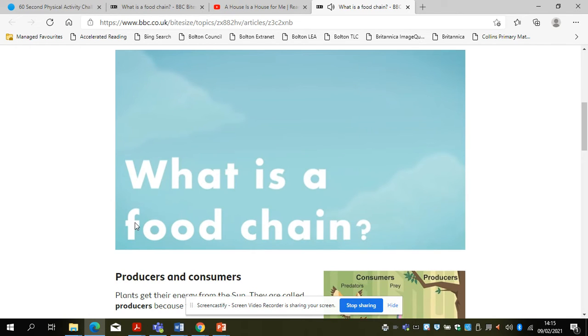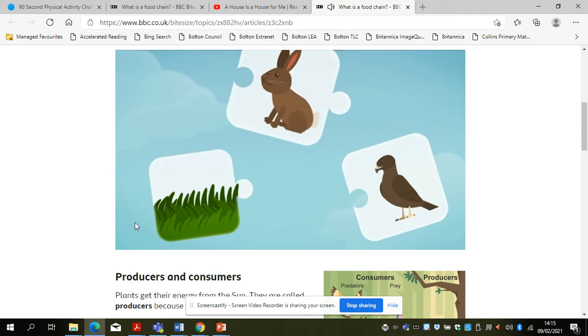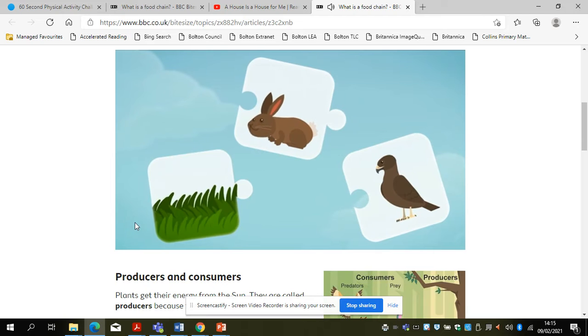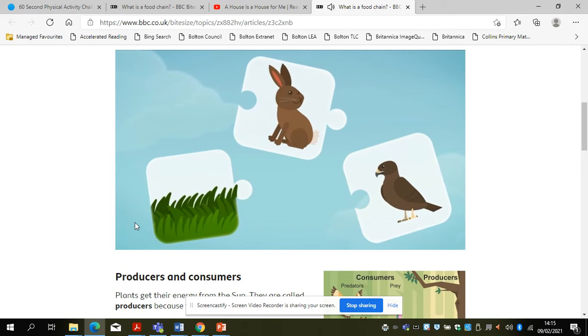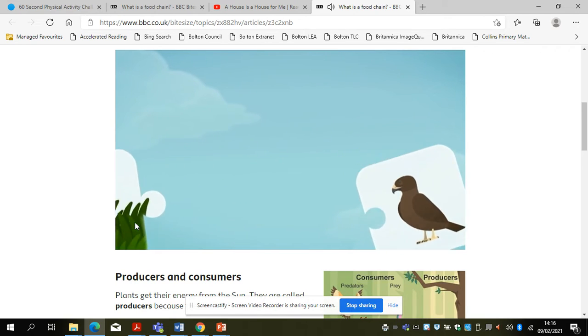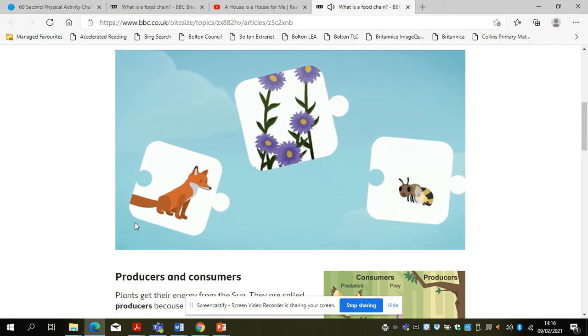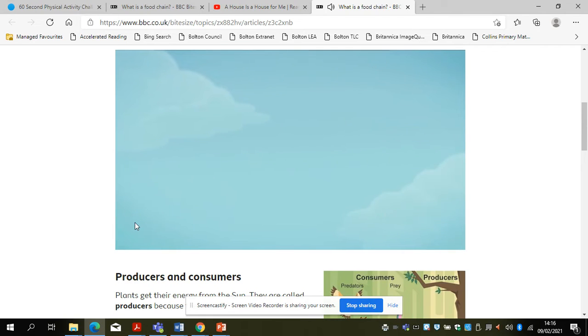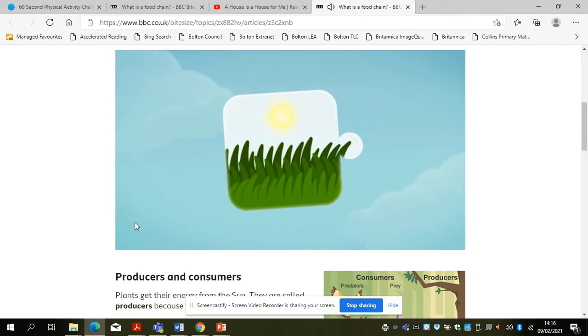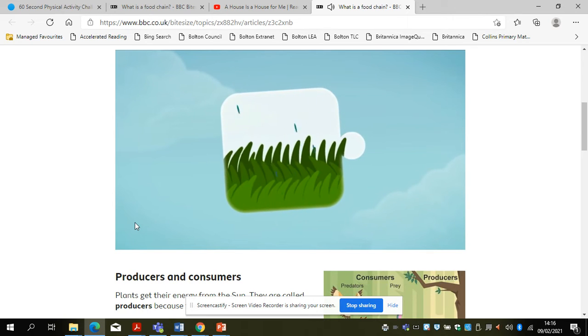What is a food chain? All living things, including humans, animals, and plants, need energy to live. But where do they get their energy from? The answer is easy. All living things get their energy from food. Plants make their own food with the help of sunlight, air, and water.